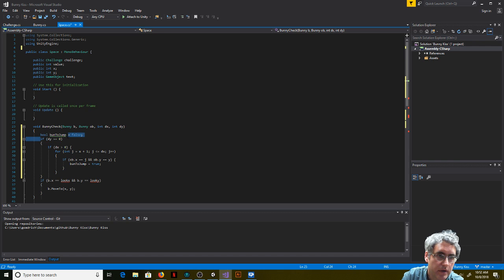If I'm not going in the y direction, if my movement is positive in the x direction, then go look at all the places in between where I am.